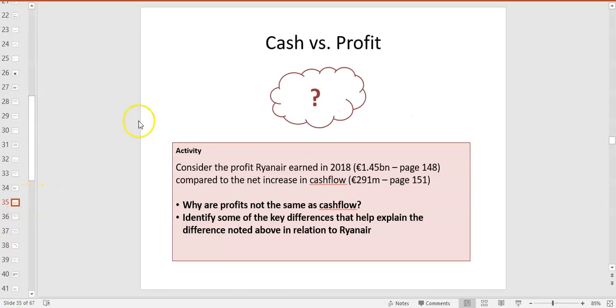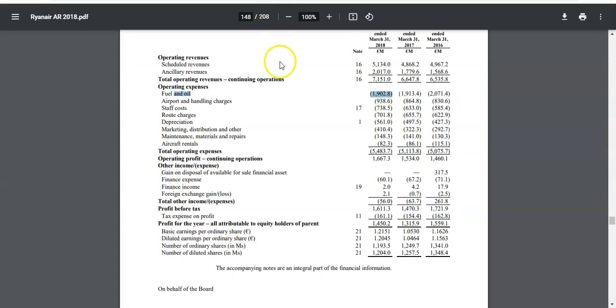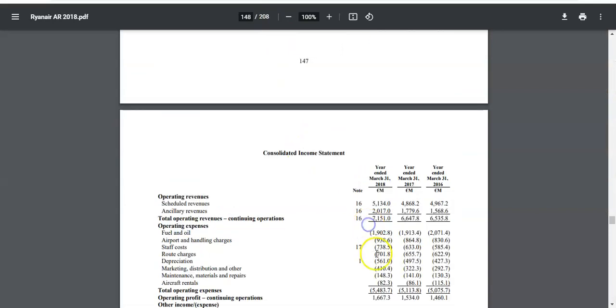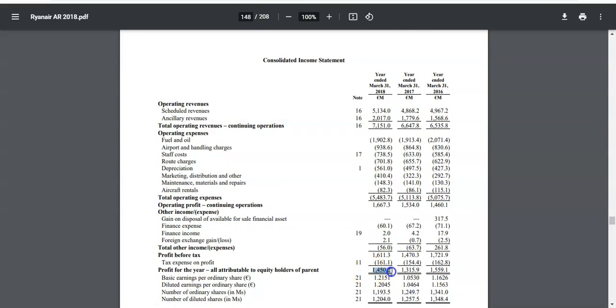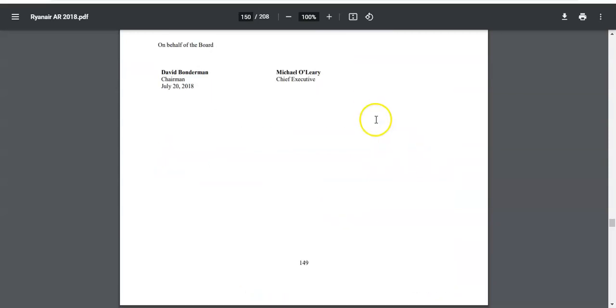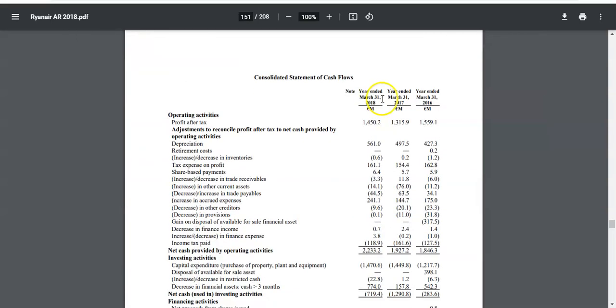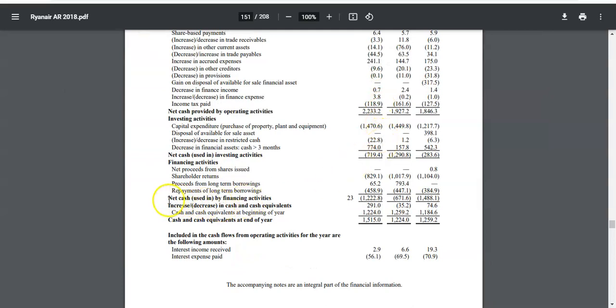Right? So if we take Ryanair, for example, and we go back and look at their profitability. So we look at Ryanair here. Profit for the year, 1.45 billion. Right? Profit for the year. If we go to the statement of cash flows for the year, bring it down here. Actually, the net increase in cash and cash equivalents was only 291 million.